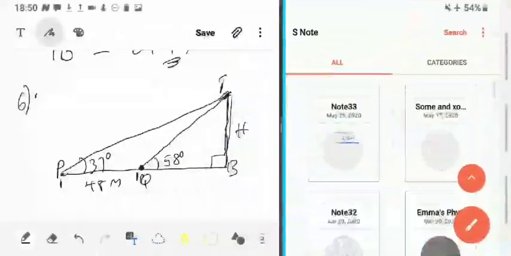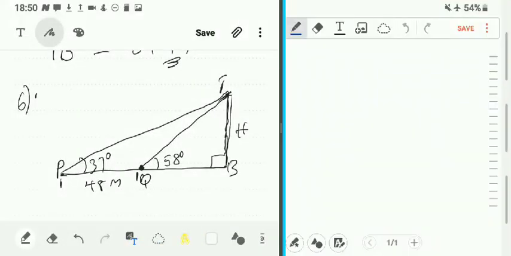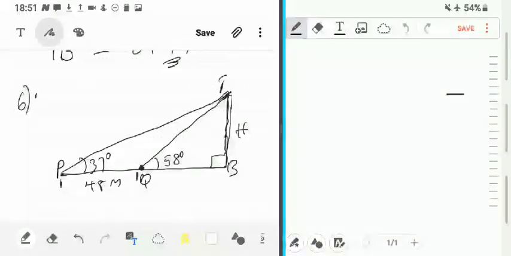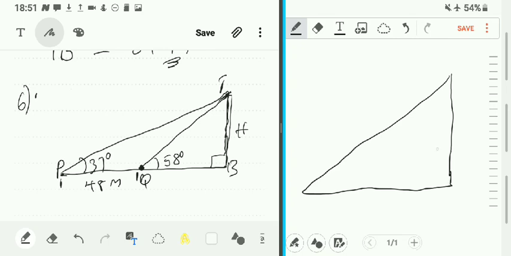Let me transfer it to my second note. So we have something like this: P, Q. This is the height we have to look for, also known as TB.